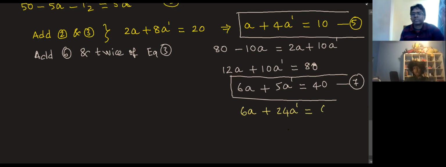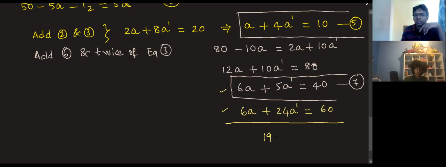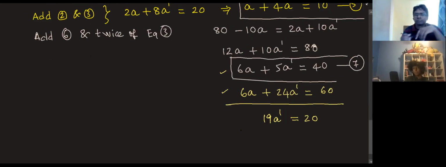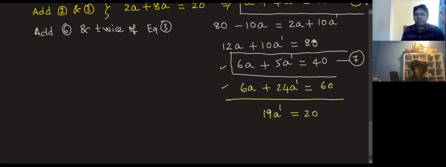Now I'm going to subtract the seventh equation from this new equation. I get 19a prime is equal to 20. So a prime happens to be 20 by 19 meters per second squared.